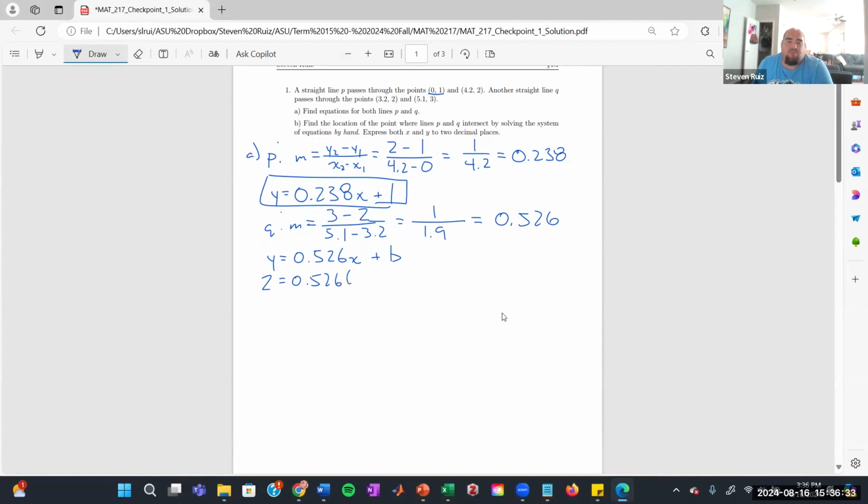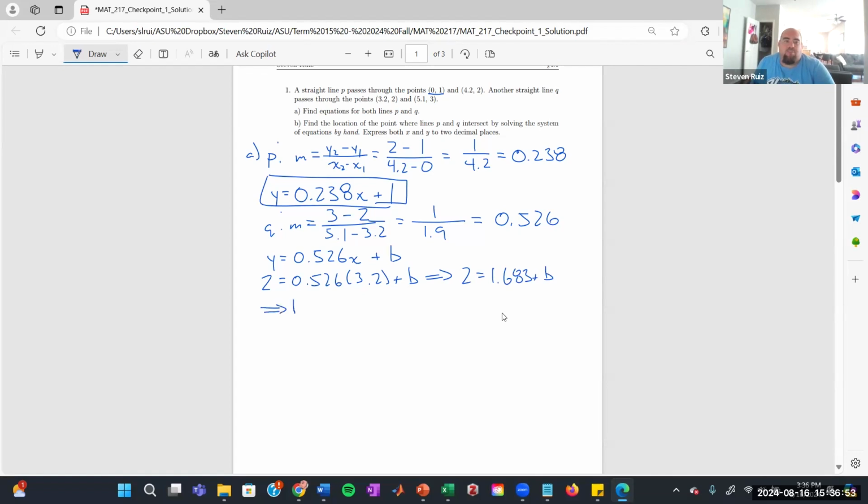0.526 times x, which is 3.2, plus b, which means that 2 is equal to 3.2 times 0.526, 1.683 plus b.